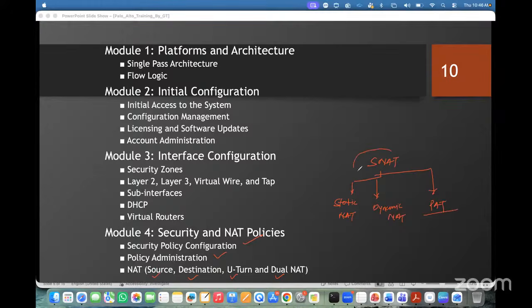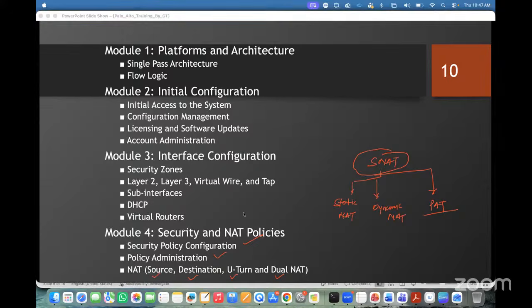So all these three flavors we also have to understand. Destination NAT, why it's needed and what the behavior of destination NAT is, that also we'll understand, and user NAT and dual NAT also we will understand. So this is pure policy administration and NAT management. We'll see it in our module.